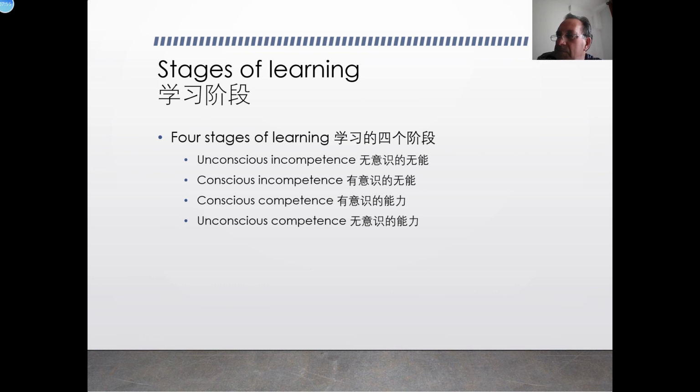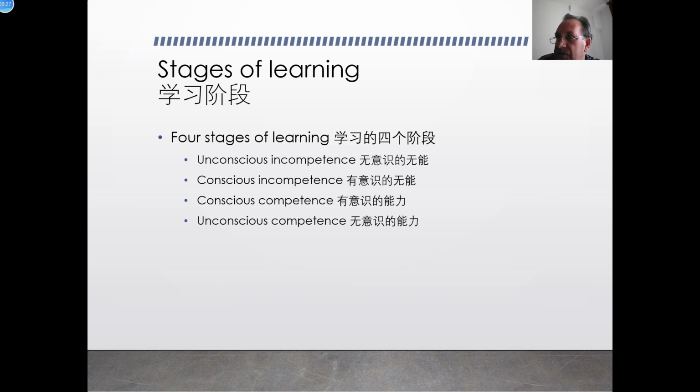In the personal development module, one of the models of learning that we looked at was this 4-stage model, where you go from being unconsciously incompetent in a particular skill to then being aware that you're incompetent, so you move into a conscious level of incompetence before you then move on, having carried out some learning, to become consciously competent in being able to do things, but you're very conscious about how you approach these things.